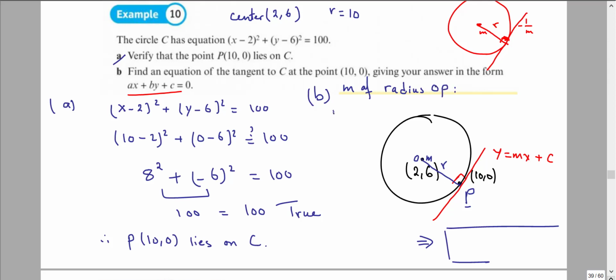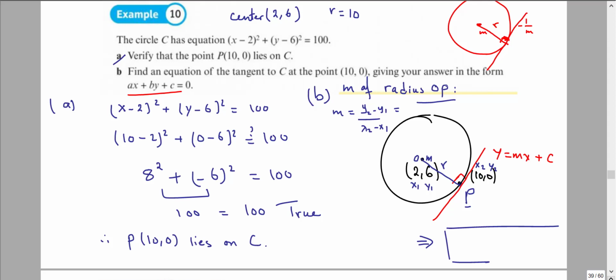How would you find the gradient here? y2 minus y1 over x2 minus x1. What's y2 and what's y1? You can call this x1, y1, and you can call this x2, y2. This is OP, the radius.